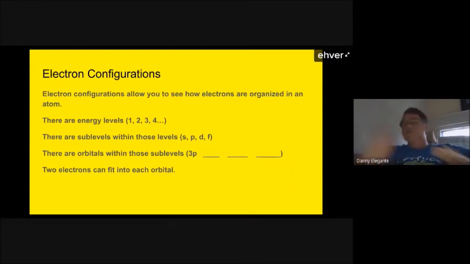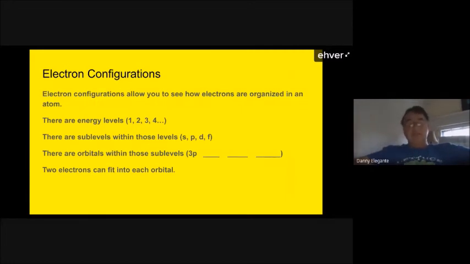Just as a brief reminder, rows on the periodic table correspond to energy levels. Look at the periodic table. You've got hydrogen and helium in that first row. That would be the first energy level. And then you've got the second energy level, and then the third and the fourth and the fifth and so on, right? Those correspond to energy levels.